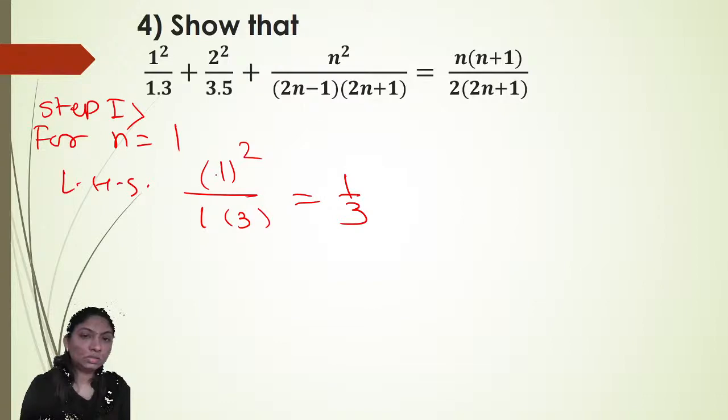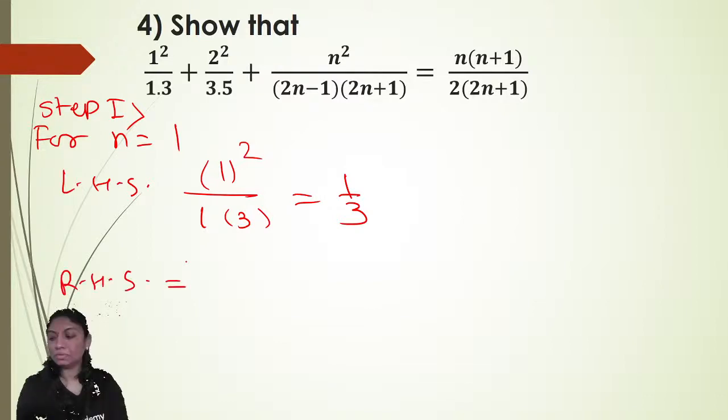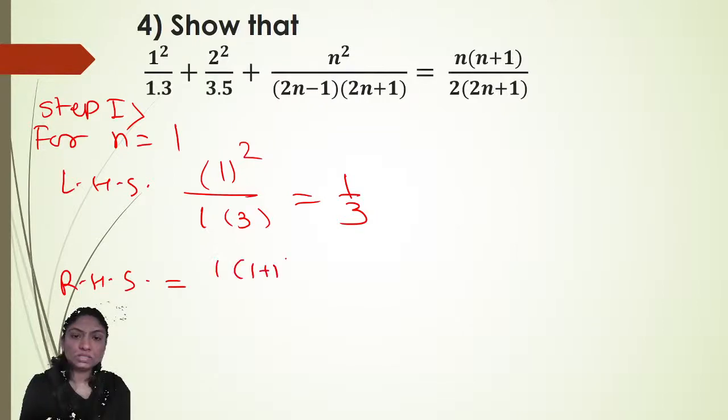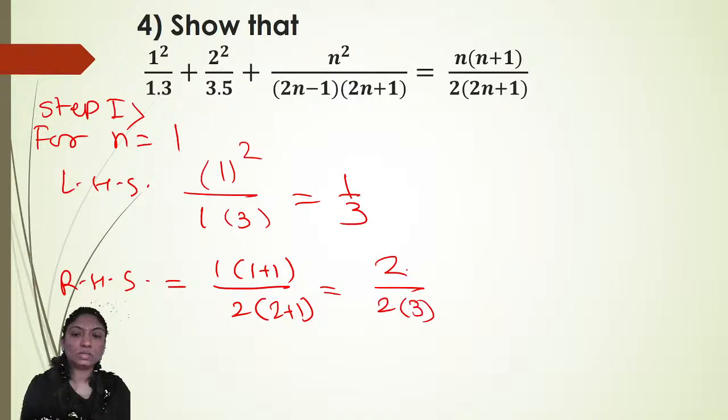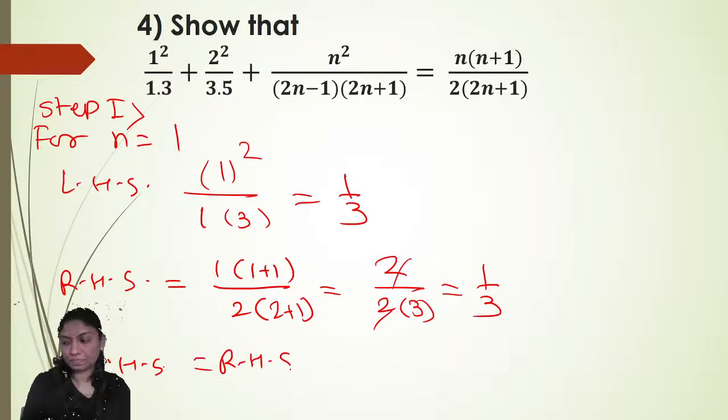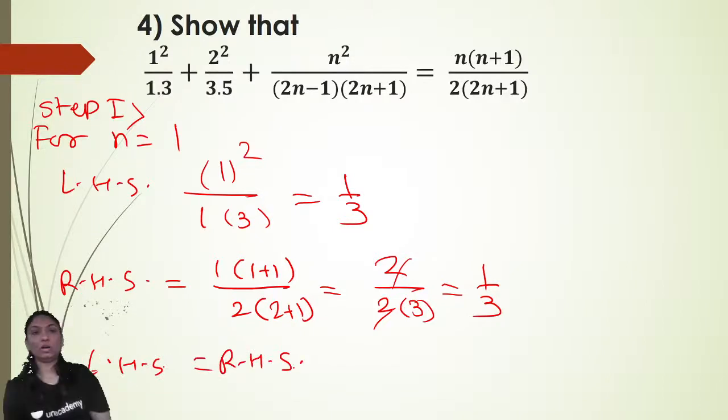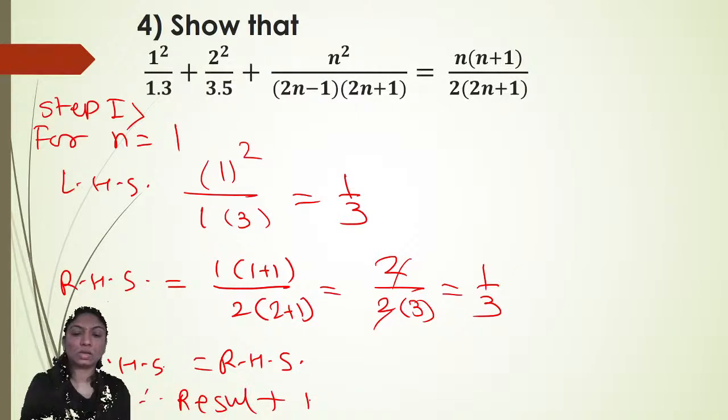Then take RHS. RHS is equal to 1 into (1 plus 1) by 2 into (2 plus 1). That is 2 by 2 into 3, cancel out, so 1 by 3. So LHS is equal to RHS. The result is true for n is equal to 1.